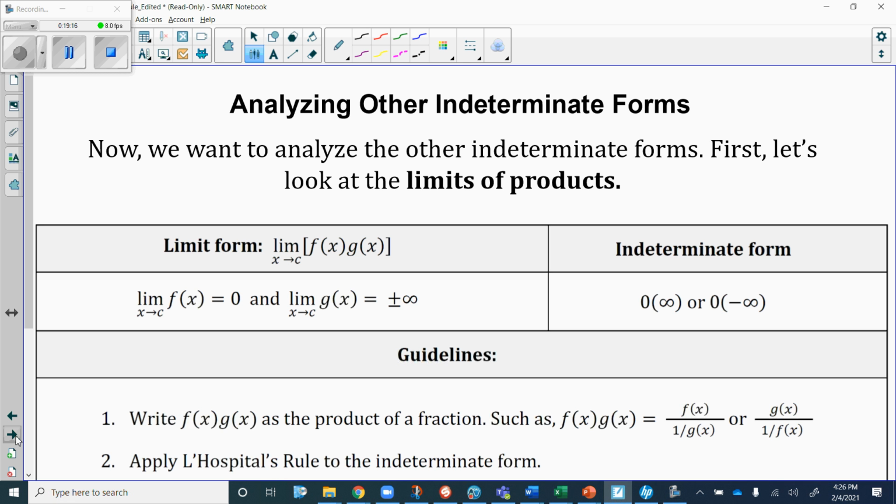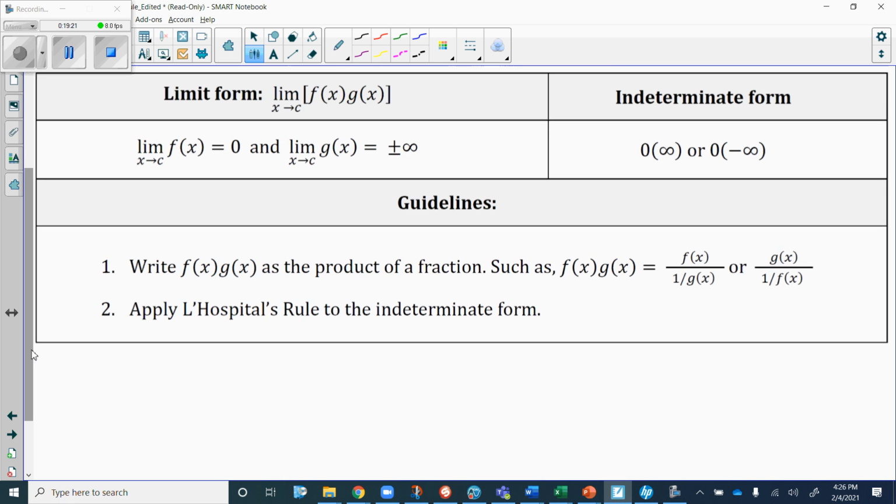In that situation, we're going to take the product of the two pieces of the function, f and g of x, and write them in some ratio like that, okay? And then we would be able to start to apply L'Hopital's rule.